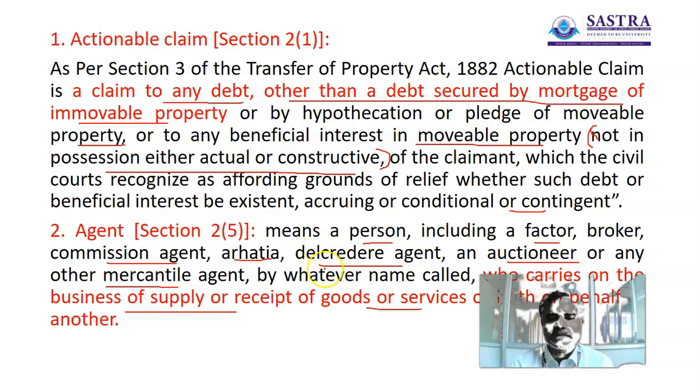This is called del credere commission. When you are performing more, the principal or the wholesaler gives some extra commission for your over performance. An auctioneer, or any other mercantile agent, they are called agent.